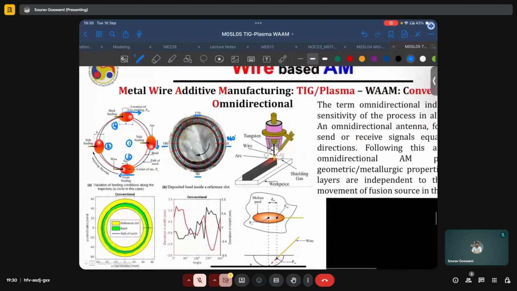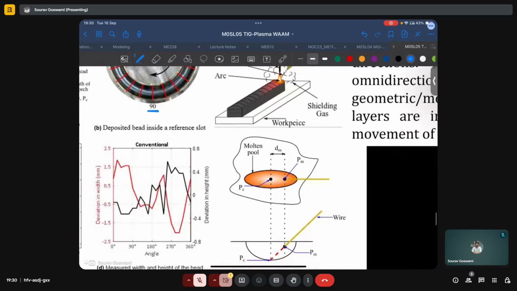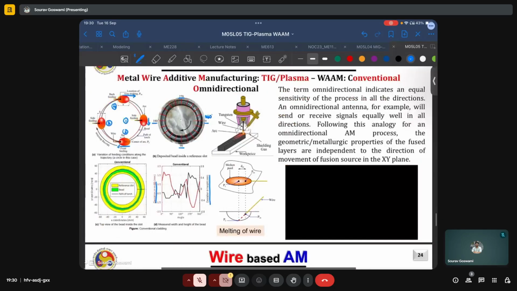Thus, we see that there is a difference in the relative motion between the wire being fed and the motion of the torch, depending on various positions, and this leads to deviations in the bead width and deviations in the bead height and a lack of isotropic properties. This is referred to as the lack of omnidirectionality, that is, the deposition characteristics will depend on the direction along which we are depositing or scanning.